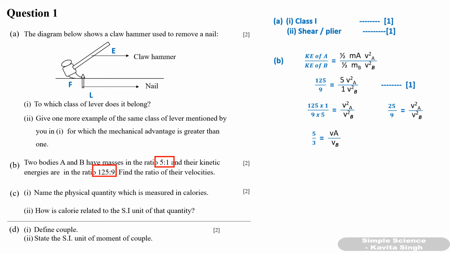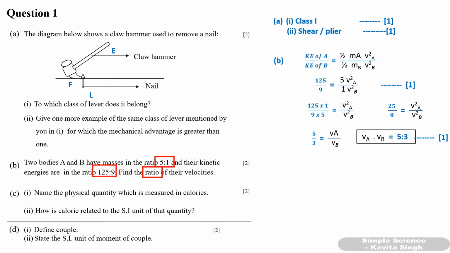If you leave your answer here only, you will not get 1 more mark, because ratio should always be written in ratio form. Then only you will get 1 mark. So whenever ratio is asked, don't leave your answer in fraction. Write the ratio in the ratio form, not in the fraction form. Otherwise, you will lose 1 mark.